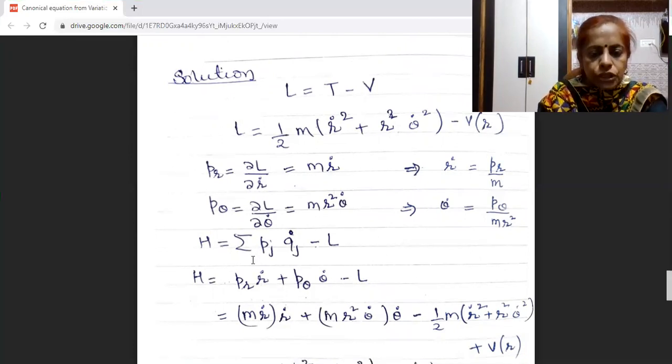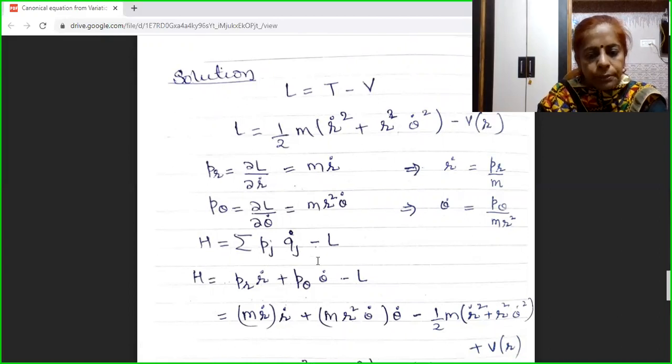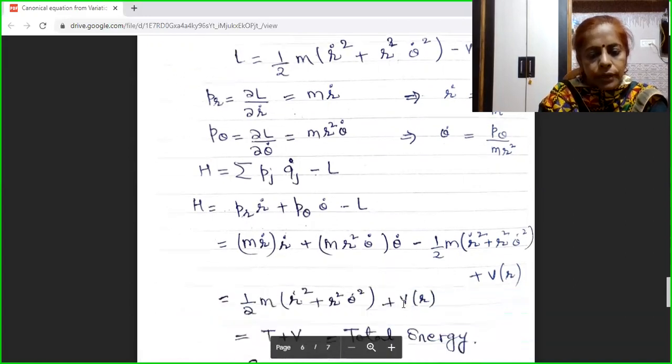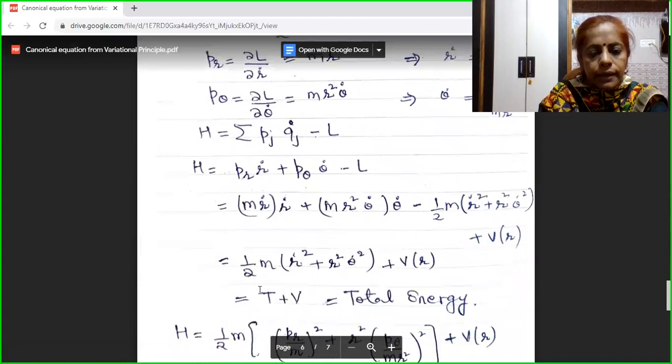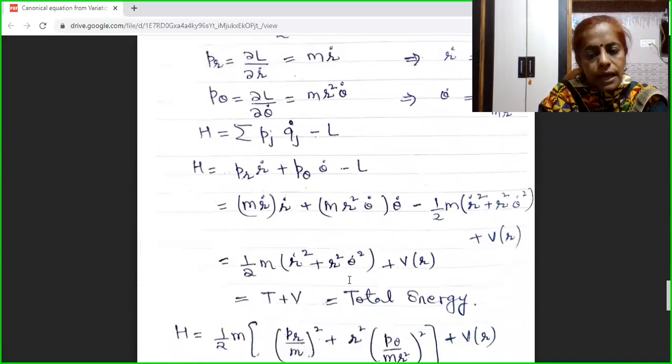So H, which is equal to summation Pj qj dot minus L. Since there is a summation and there are two generalized coordinates, I have Pr r dot plus P theta theta dot, minus L. Putting the values of Pr, P theta and the Lagrangian and solving the expression, I get half m (r dot square plus r square theta dot square) plus V(r).